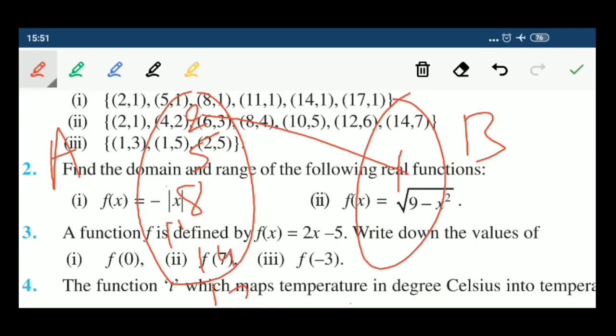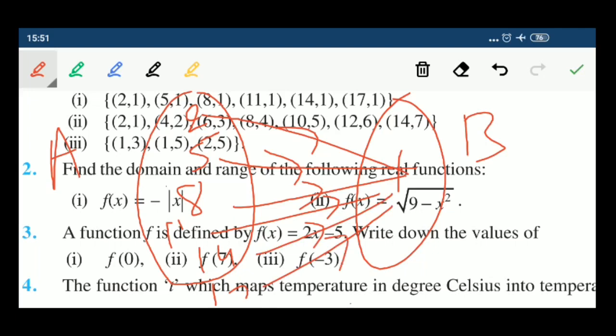Every element of set A has one image, and all have the same image, that is 1. You can see. So according to the definition, if you have remembered, what is the definition of a function? Every element of set A has one and only one image in set B, and this definition is true. Therefore this relation is said to be a function.